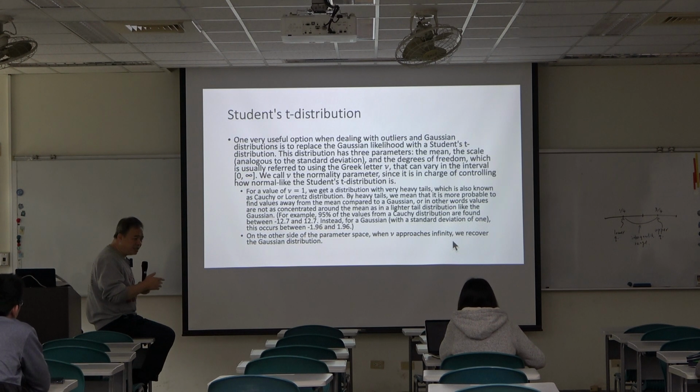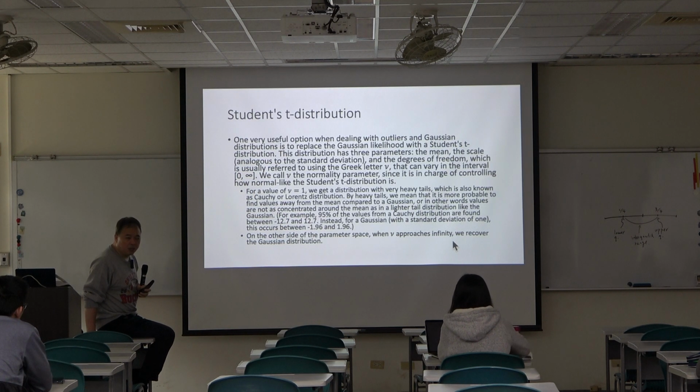So later if you see we refer to this one as nu in the slide, you need to remember which parameter we are referring to. So for a value of V equal to 1, we get a distribution with heavy tails. Obviously, a normal distribution is not heavy tailed, right?